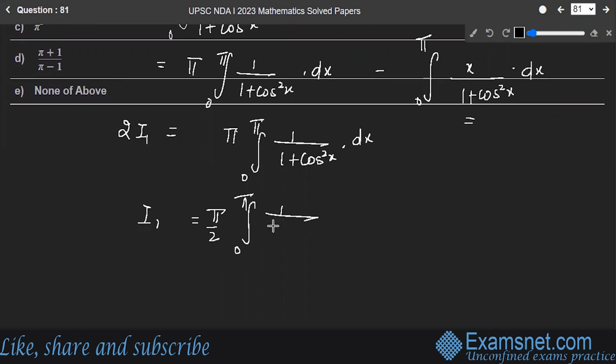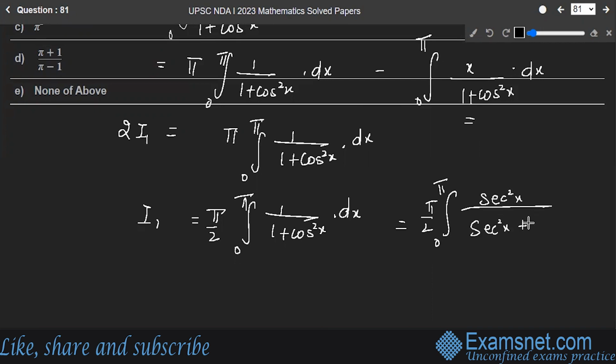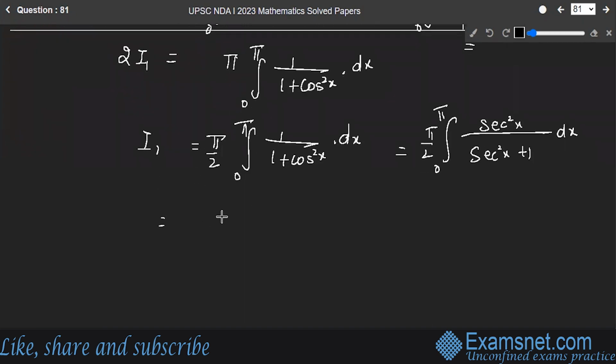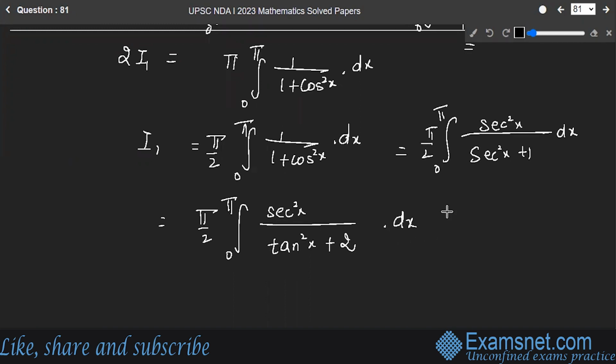Right? Let's open it. You will have pi by 2, limits 0 to pi. So, dividing the numerator and the denominator by cos square, you will have secant square x upon secant square x plus 1 dx, which is equal to secant square x upon tan square x plus 2 dx.